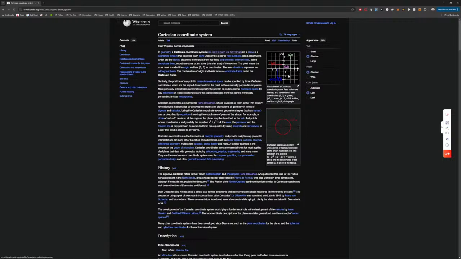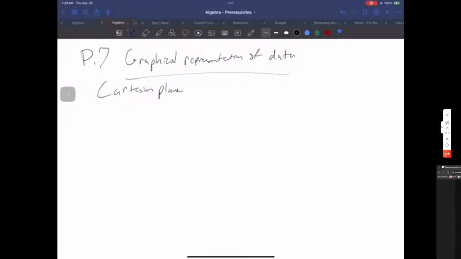Just as you can represent real numbers by points on a real number line, you can represent ordered pairs of real numbers by points on a plane called the rectangular coordinate system, or the Cartesian plane, after French mathematician René Descartes. And he lived in the early 1600s, so this stuff is super old. So I just wanted to show where that came from.